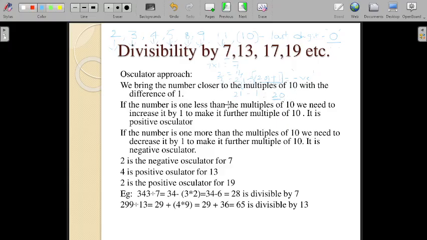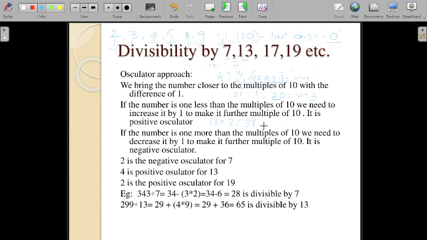That's why it is a negative oscillator. For 7, 20 means 10 into 2, that's why 2 is the negative oscillator of 7. Next, for 13, 13 threes is 39.